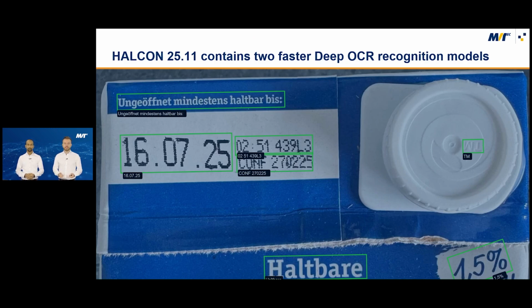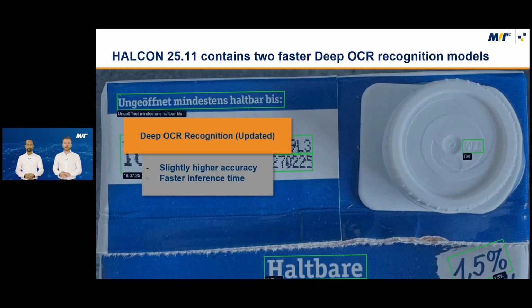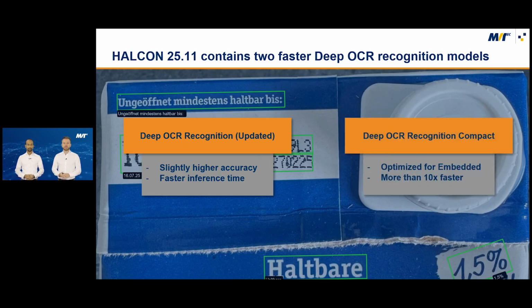On the one side, we have updated our standard Deep OCR. The standard model now has a slightly higher accuracy and is faster. And now we are also providing a new model called Deep OCR Recognition Compact, which is especially optimized for embedded, and it's up to 10 times faster.